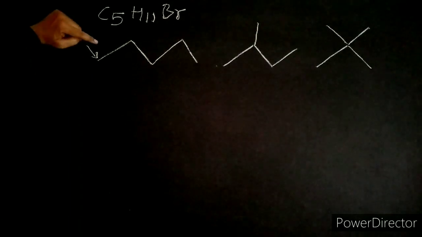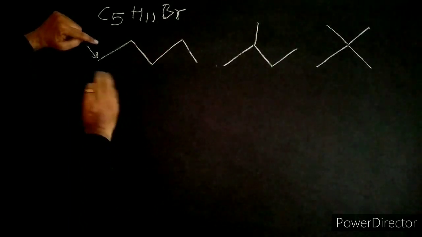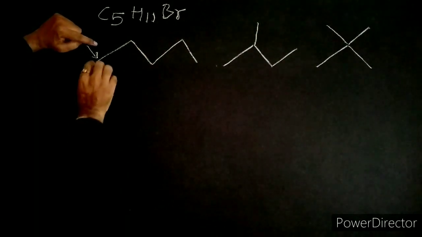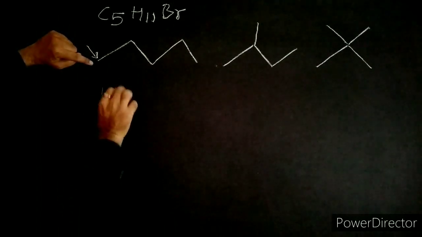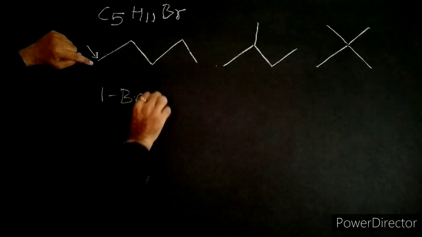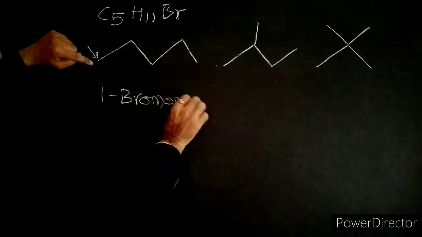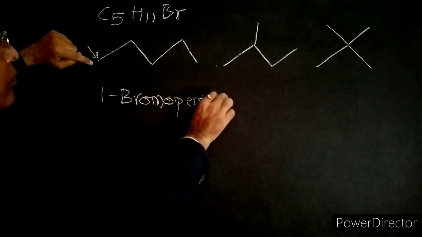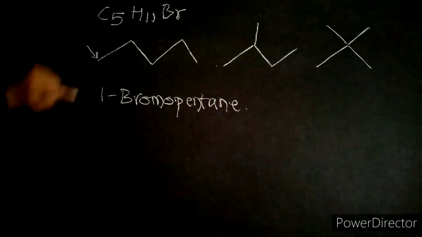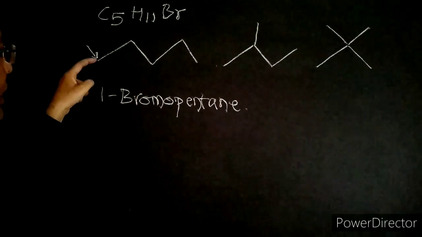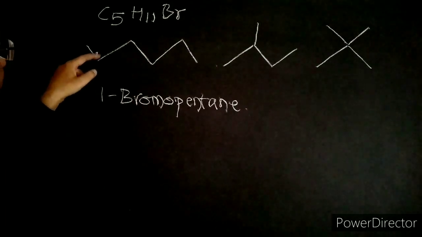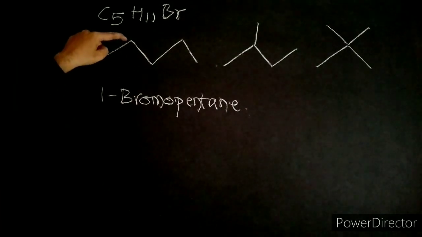So what is the name of this compound? The bromine is present on this carbon, that is 1-bromopentane. When bromine is present on this carbon atom, that carbon is attached to only one more carbon atom.